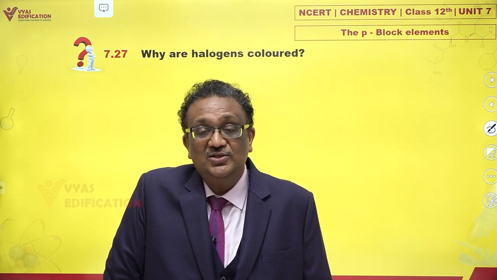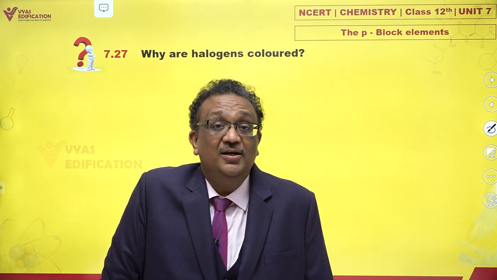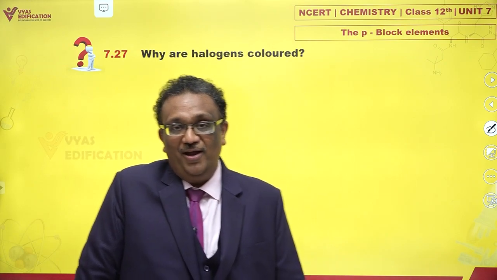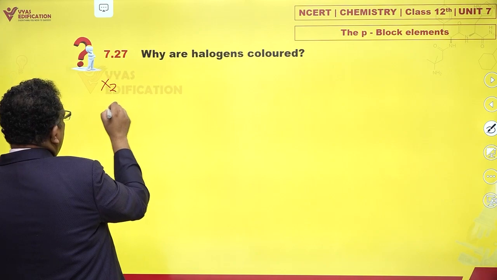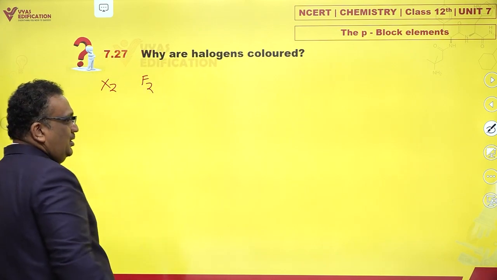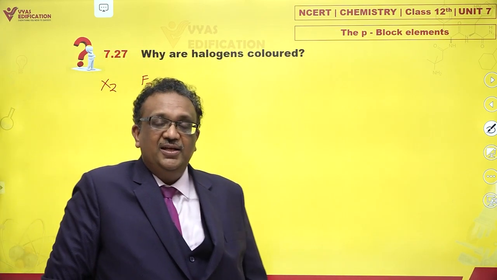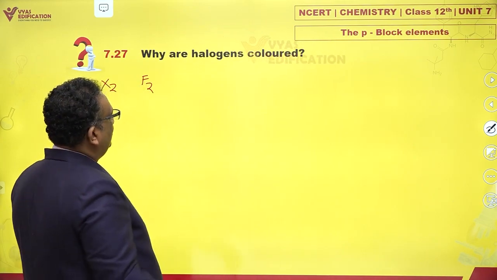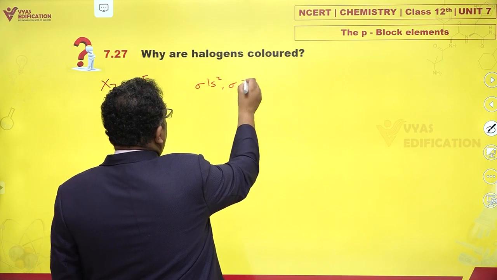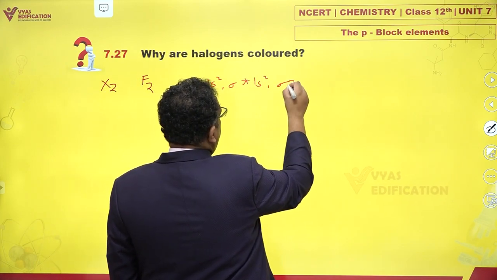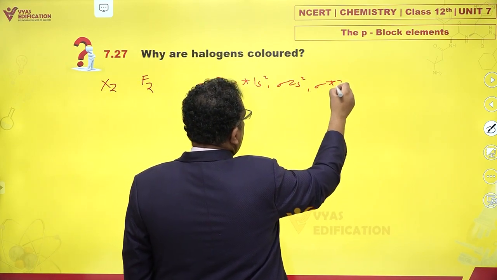For this, my dears, you have to look at the molecular orbital diagram of a halogen molecule. Let me give you an example of F2, and you can generalize this for any other halogen. Let me write down the MO configuration. It is sigma 1s2, sigma star 1s2, sigma 2s2, sigma star 2s2.